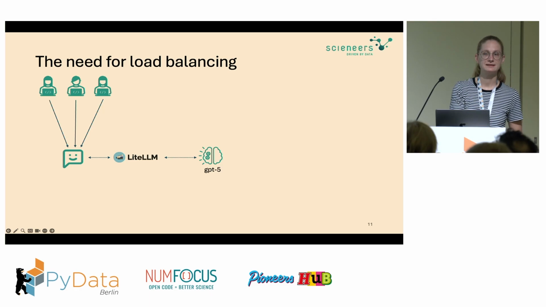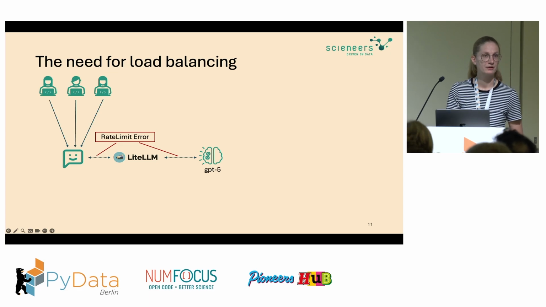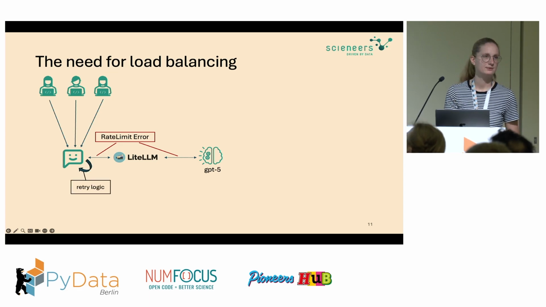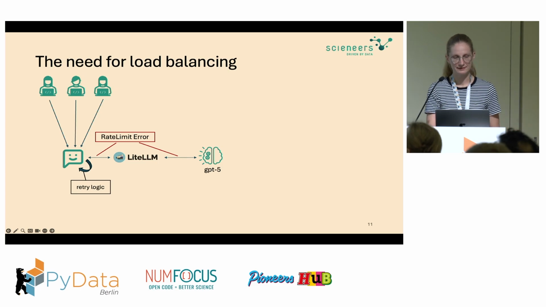So if the capacity of the GPT-5 model is exceeded, we do get back some rate limit errors, which we can handle, of course, in our chat applications by using some kind of retry logic. But eventually, there are still too many requests at the same time, which we can't handle.